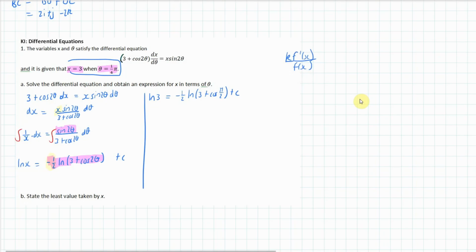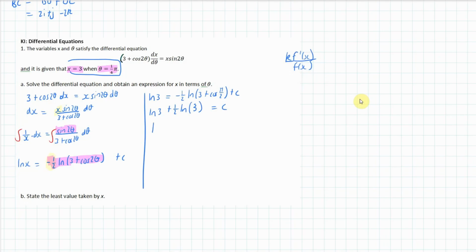So we get ln 3 plus 1/2. Now, because I'm moving that across, ln cosine pi over 2 is 0. So it'll just be 3 here equals c. So that's what c is.